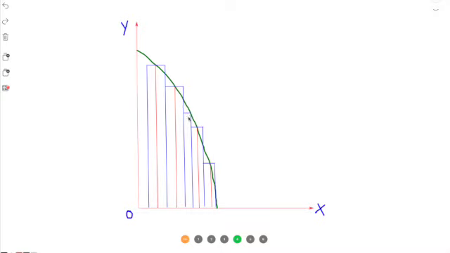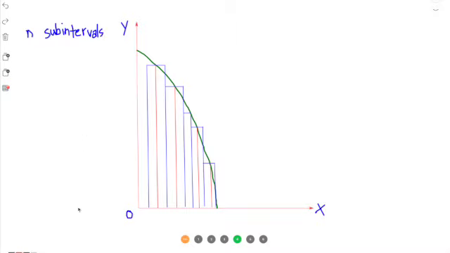Only one of them, this one here, didn't protrude from our curve. Okay, so again, we divided our area into an n number of subintervals, but this time the widths of these subintervals would not necessarily be equal.